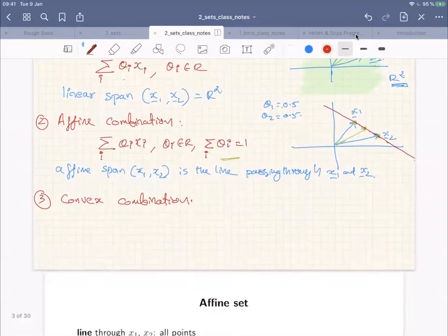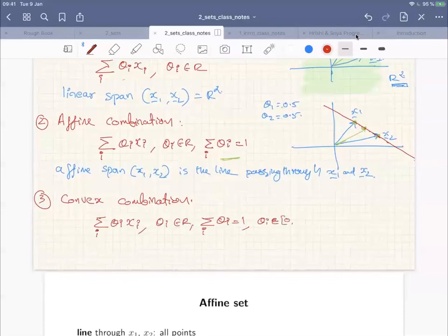It is a weighted sum of the x_i. The weights are theta_i, and theta_i as usual belongs to R. Here again we have the same constraint, theta_i should add up to 1, and we have an additional constraint: theta_i should belong to the interval [0, 1].